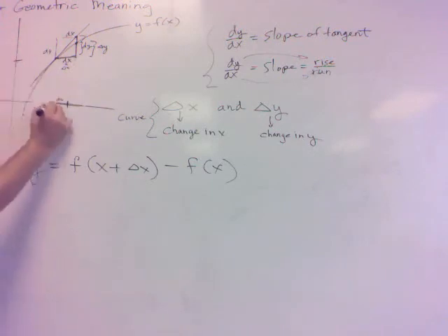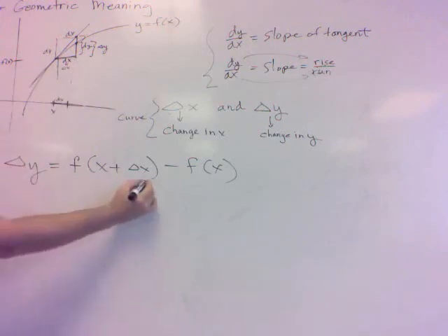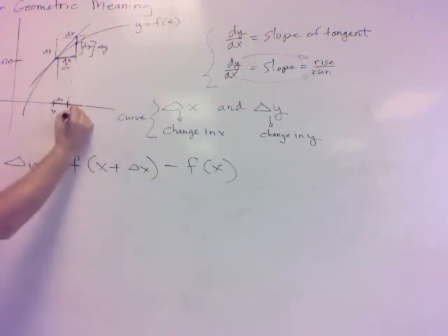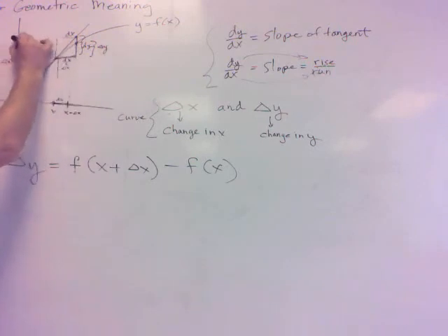Well, look at this. F of x, that would be this much. It's the function at x. X plus delta x, well, isn't this x plus delta x right here? So this other point is f of x plus delta x. So delta y, this much, is take the difference of those two. That's all it is.